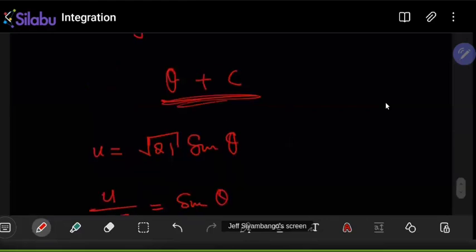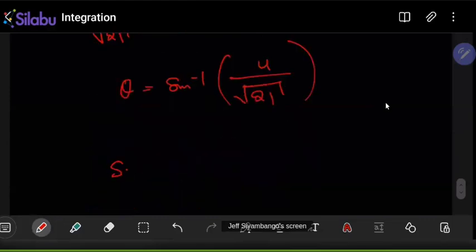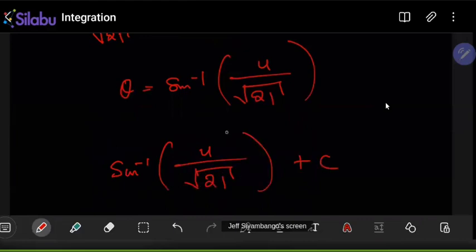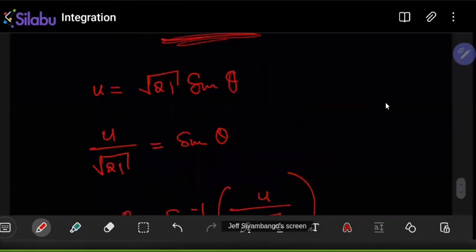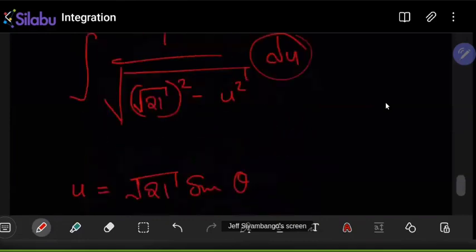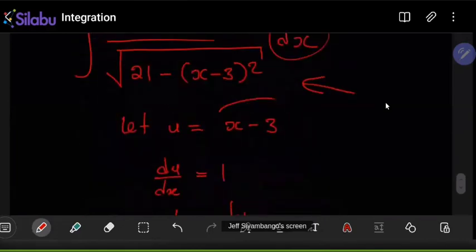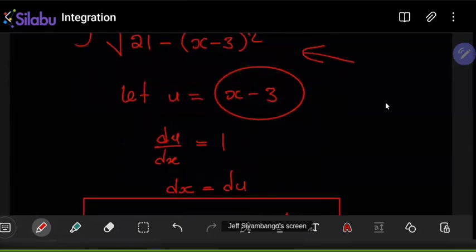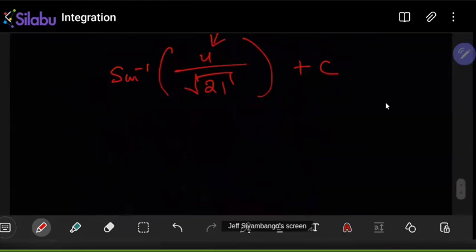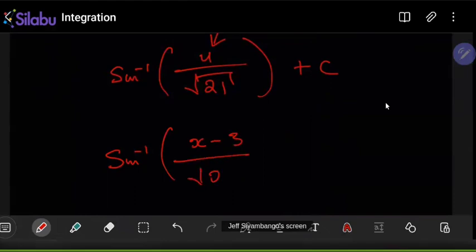Where there's theta, you have sine inverse of u over root 21, then plus c. But again, what is u? You have to go back and remember what u was from the start. U when we started was x minus 3. So now bring it back where you have u. The final answer becomes sine inverse of x minus 3 over root 21, then plus c. So this becomes the final answer.